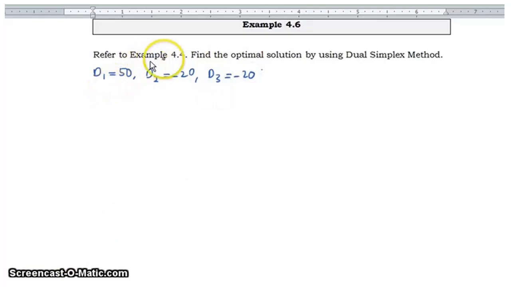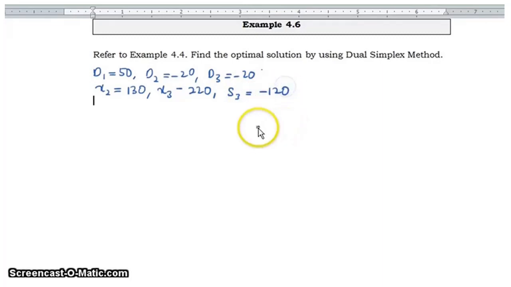In example 4.4, we get the value of x2 equals 130, x3 equals 220, and s3 equals -120.